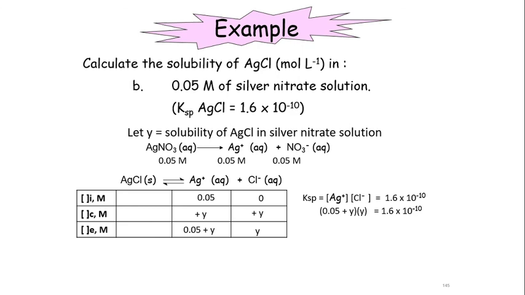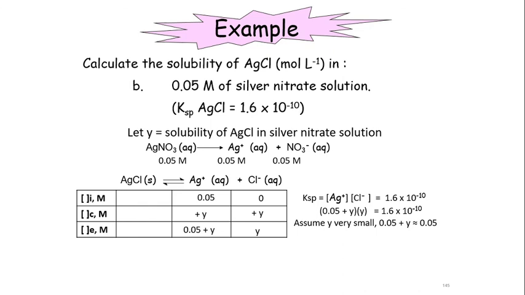At this point, you should know that we can assume Y is very small because the Ksp is 1.6 times 10 to the power of negative 10, which is very small, so we can use the assumption that 0.05 plus Y is approximately 0.05.